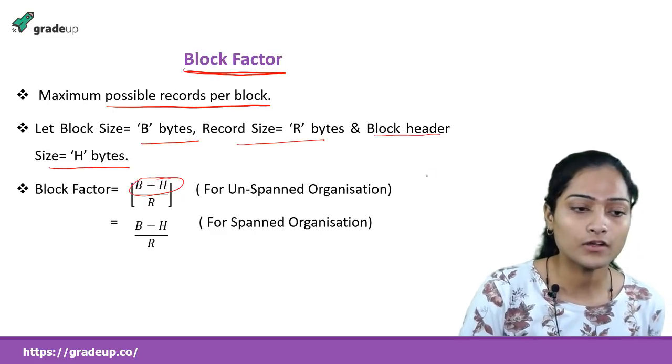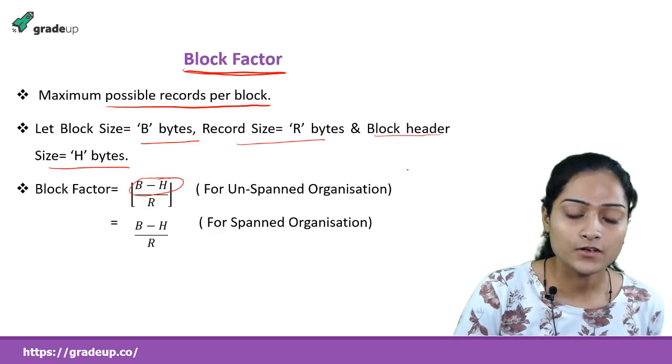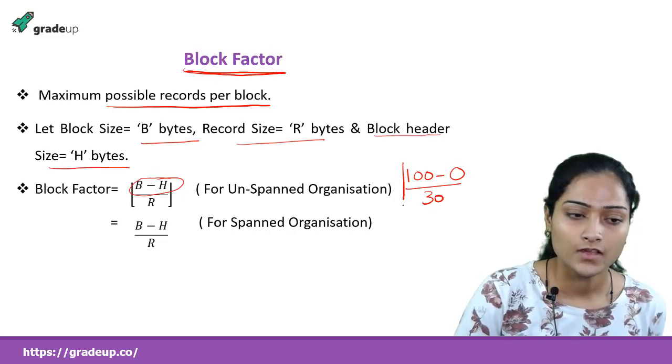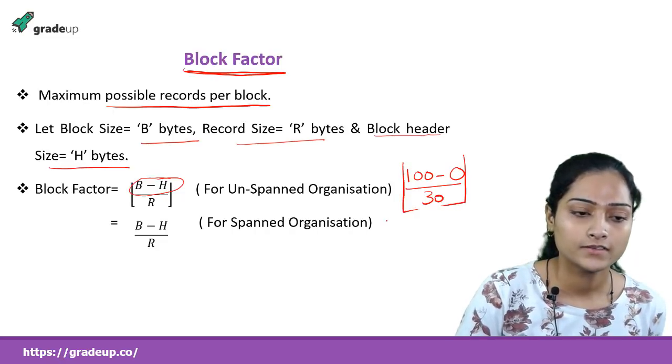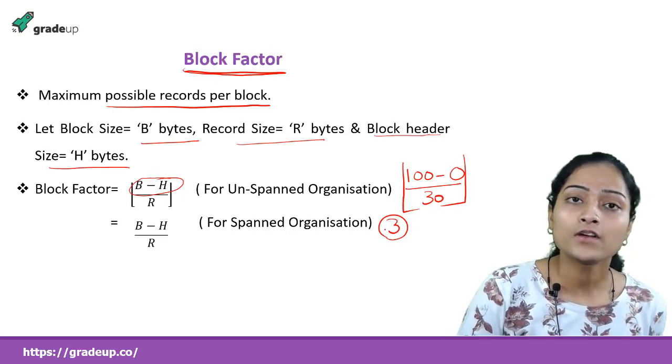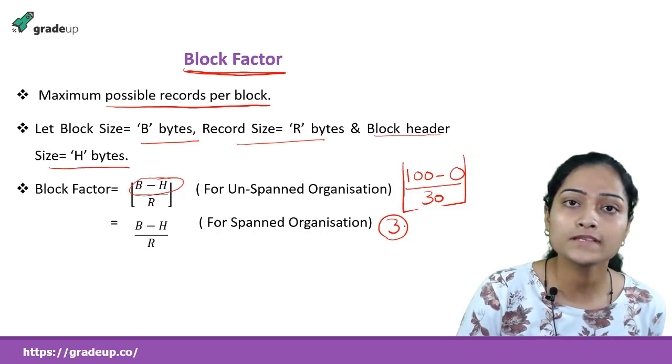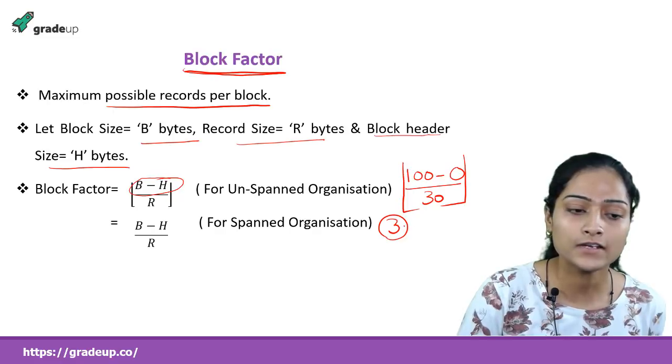In the last example, the block size was 100. Let us say the block header size was 0 bytes and the record size was 30. So what we have is 3. When you were doing unspanned organization, where you were not allowing your record to be split into 2 blocks, it was 3.